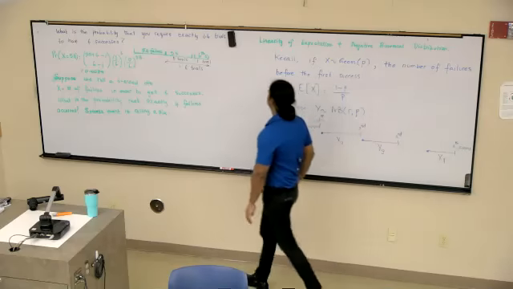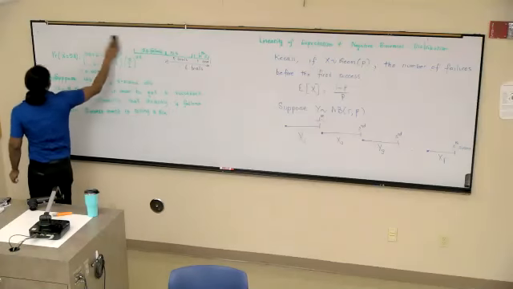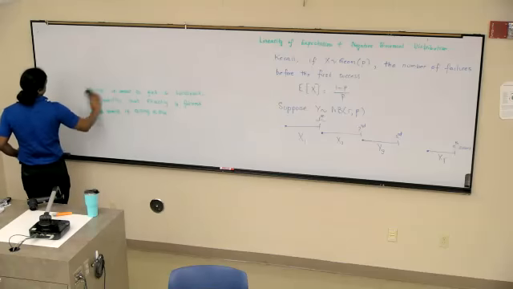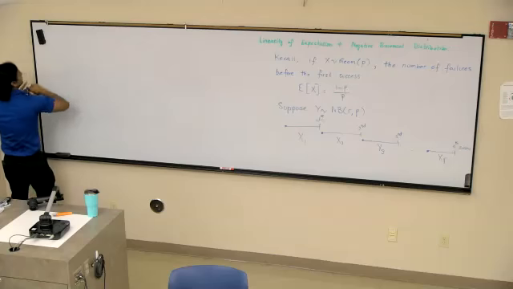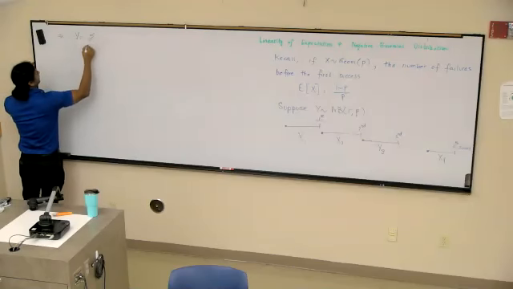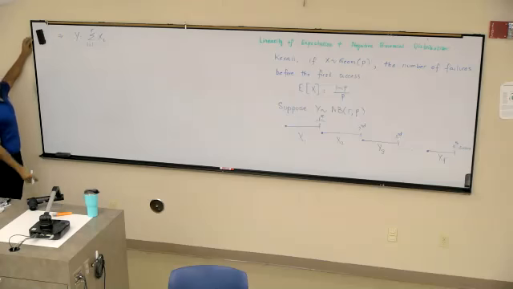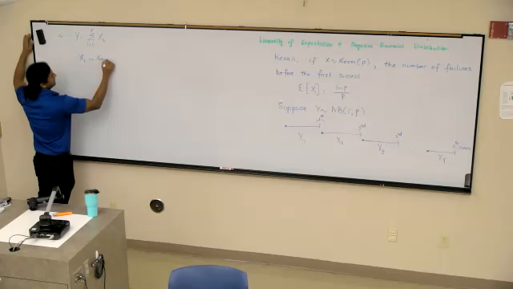And if I want to find the total of all of them, what should I do? Add them all together. And all of these Xi's are geometric P.